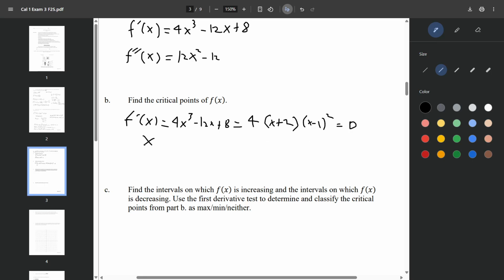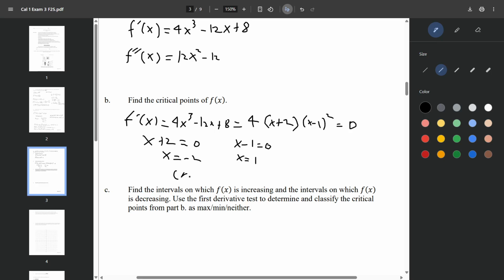So x plus 2 equals 0, and x minus 1 equals 0. Now we solve for x for both of these: x equals -2 and x equals 1.